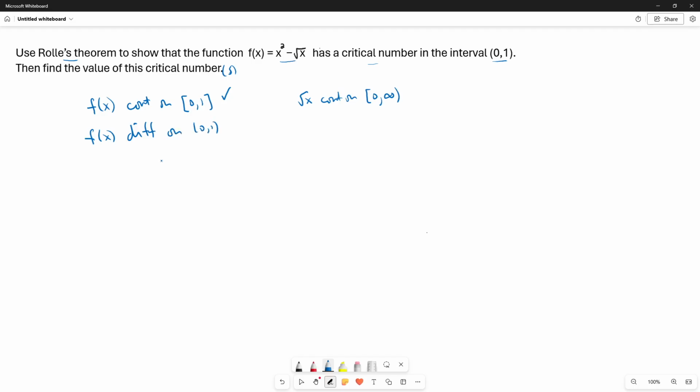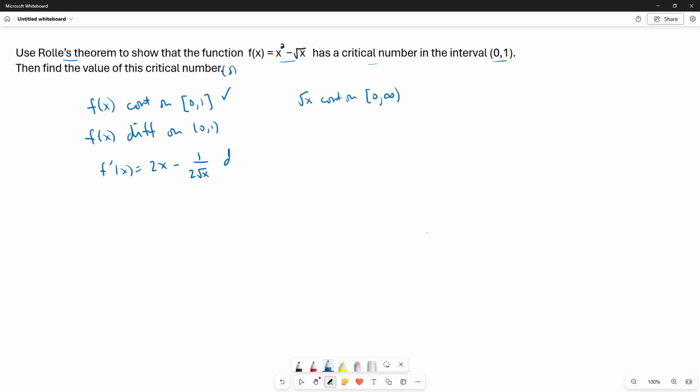Then we also need f of x to be differentiable on the open interval 0 to 1. And the derivative of our function is 2x minus the derivative of the square root of x, which is 1 over 2 times the square root of x. And so f prime is not defined if x is 0, but if x is bigger than 0, then 1 over 2 times the square root of x is defined.